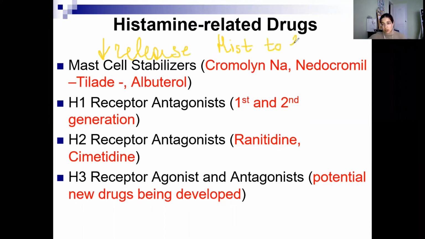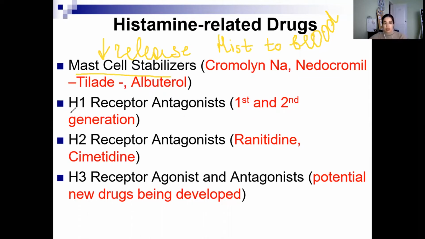Why? Because in the mast cells we have the deposition of histamine in the vesicles, and when they are activated, histamine goes out to the blood and gives all such effects. So if we stabilize the mast cell membranes, it will not throw out the histamine.